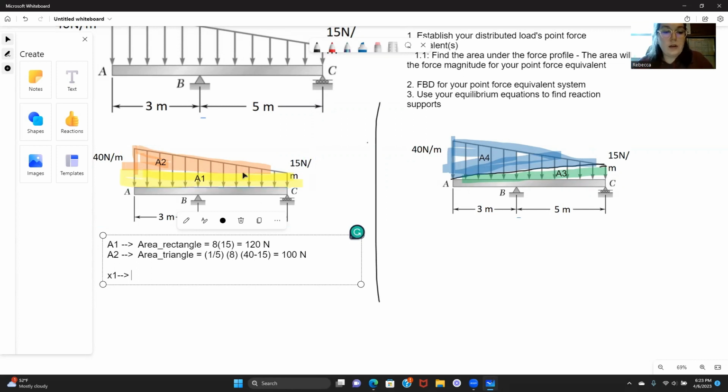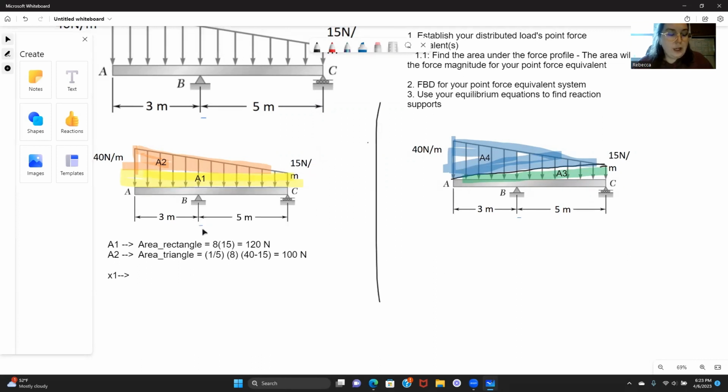For anything with a line of symmetry, the centroid is going to fall on that line of symmetry. Rectangles are pretty easy because it's just the halfway mark. So if we have a base of 8 meters, the centroid is going to be the halfway point.